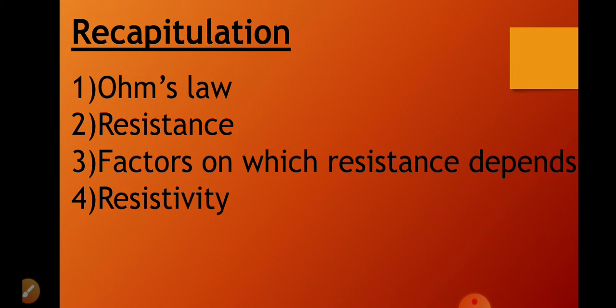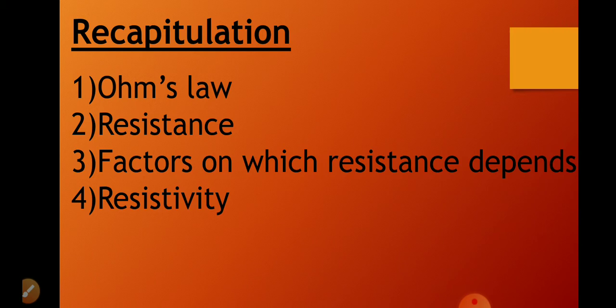The second factor, that is, resistance depends inversely on the area of a conductor. So how does it depend? It is inversely proportional to area. Resistance is inversely proportional to area. That means as the area of a conductor increases, resistance of a conductor decreases.